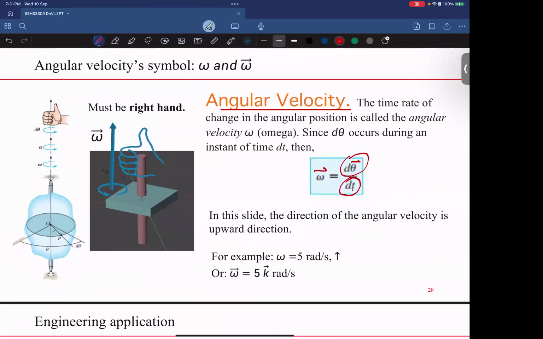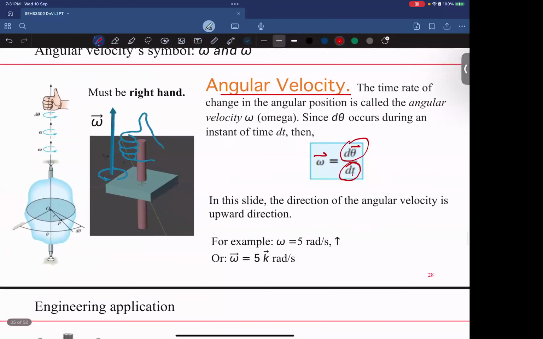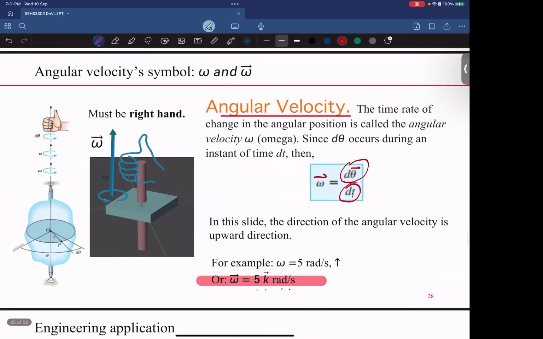Therefore, we can have such an expression. So omega in vector form is a number times k, in radians per second. This is the angular velocity, which means how much angle it rotates in 1 second.